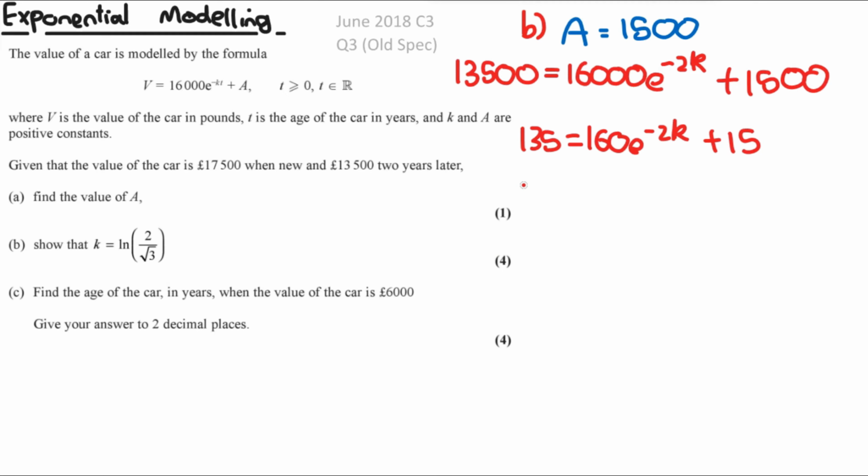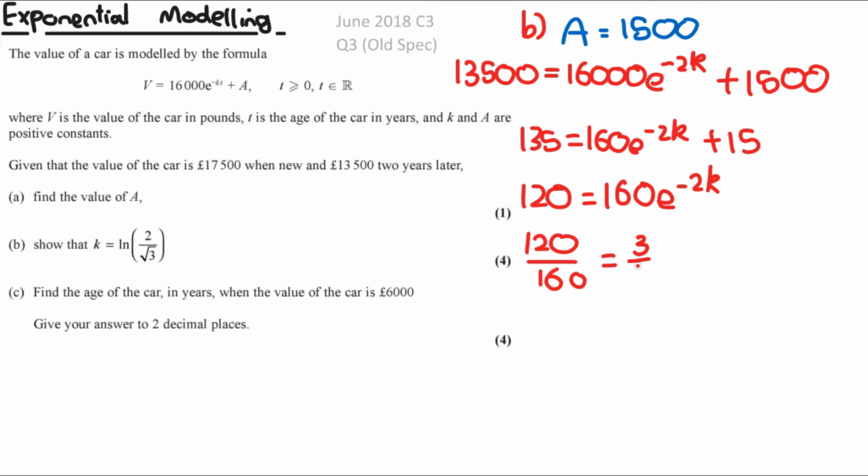Minus 15 from both sides to get 120 is equal to 160 e to the power of minus 2k. Divide both sides by 160 to get 120 over 160, which can be simplified to 3 over 4, and that's equal to e to the power of minus 2k. And then we can take natural logs of both sides.